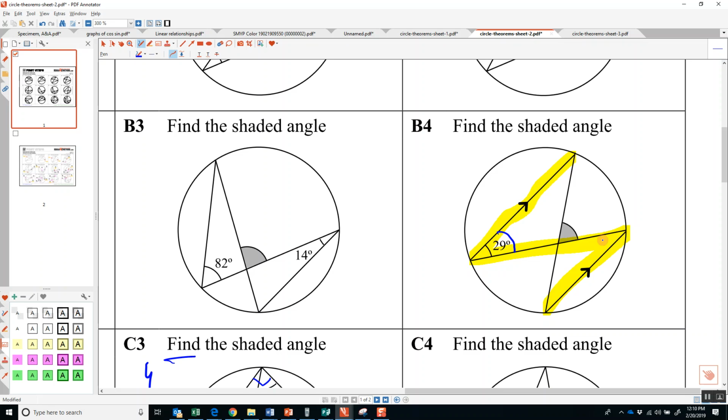This angle 29 is the same as this one. And we've also got this is the same as this because of our segment. These two are 29, so I can work out this one because they should all add up to 180. And once I know this angle, I can work out the one we want, because both of them have to add up to 180.